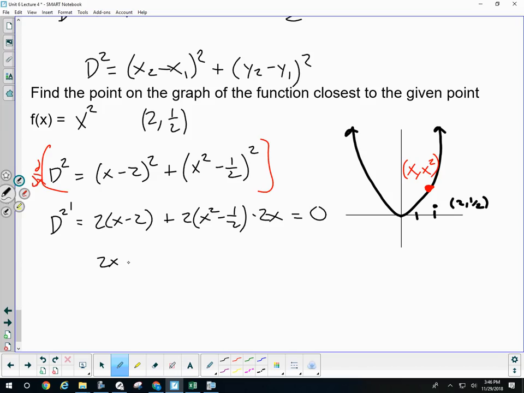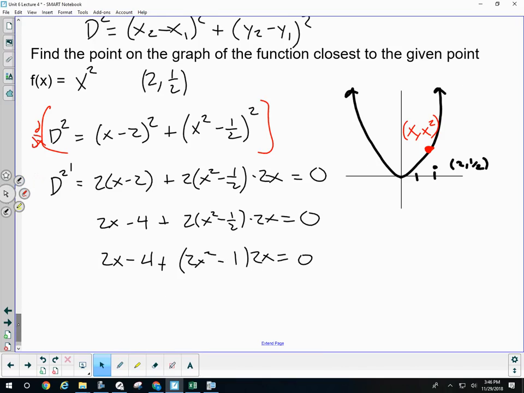No, I can't. That's a 4. Gosh. Well, since I'm multiplying by the 2, it actually does. It's not that bad. So I got 2x minus 4 plus 2x squared minus 1 times 2x.